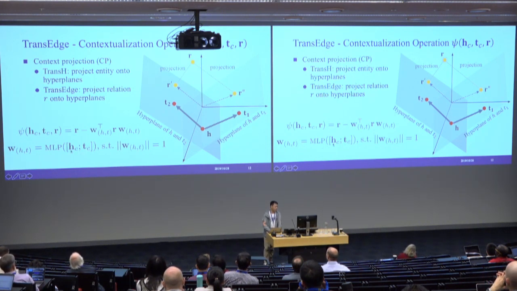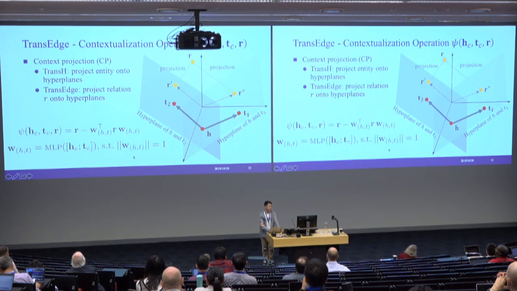We use an MLP to obtain the projection vectors. We also require the projection vector to be a unique vector, so we can use this simple formula to obtain the vector of the edge.